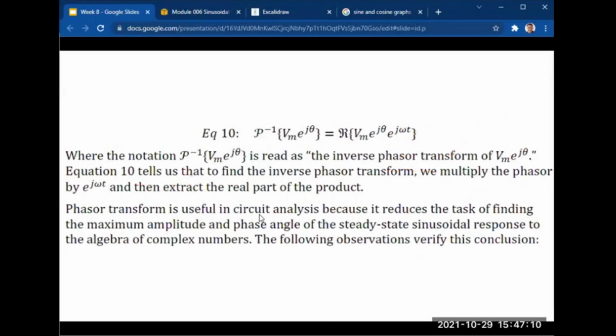Again, so this is the notation. So from our Phasor transform earlier, this is the P when we do Phasor transform to this one. Now, when we do inverse Phasor transform, this will be the notation. So P raised to -1. Okay.